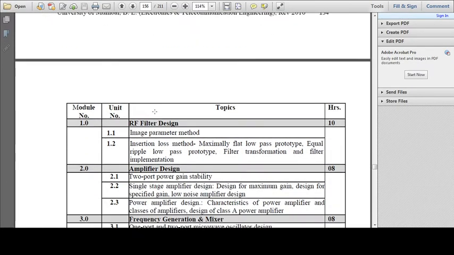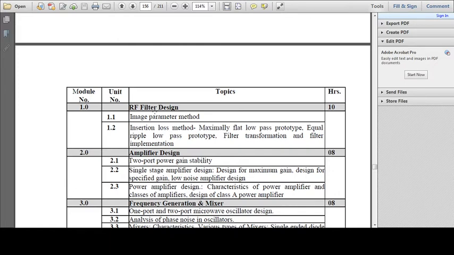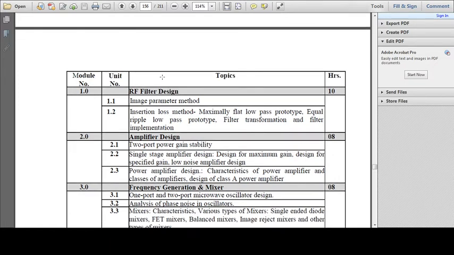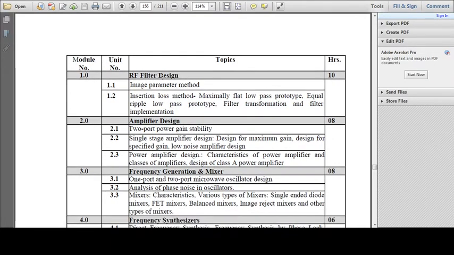Now let us introduce the module-wise topics. The first topic consists of basic RF design, filter design steps, and the image parameter method. In this we see the basic concept of the image parameter method by using the ABCD model.